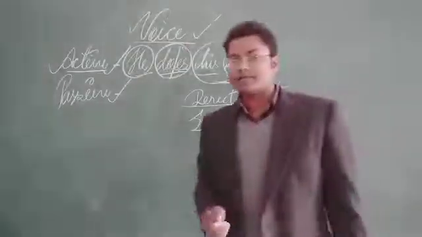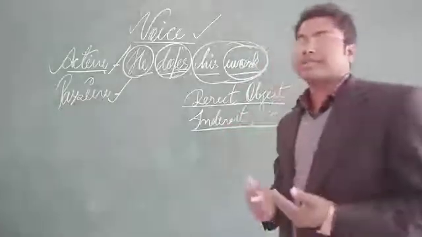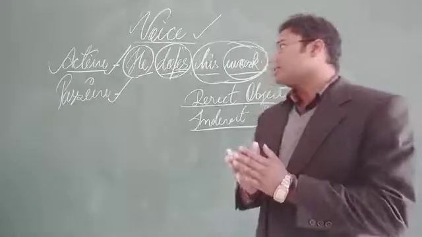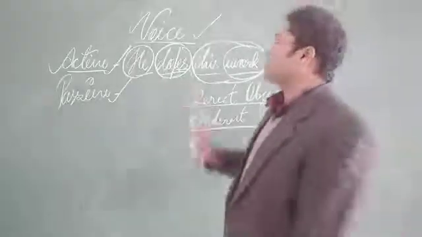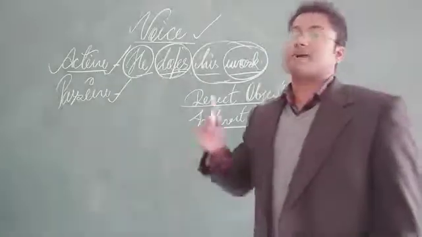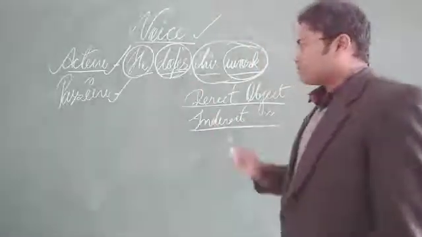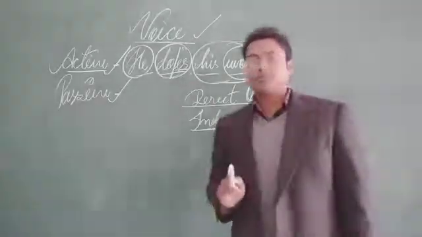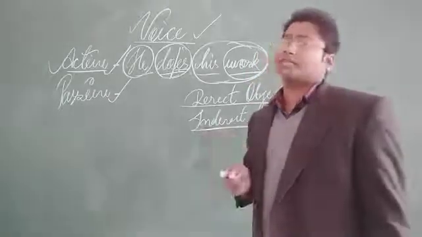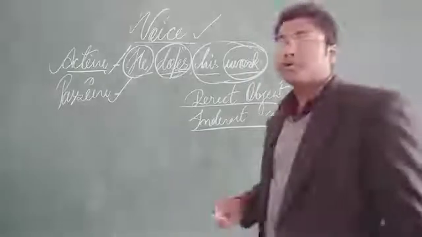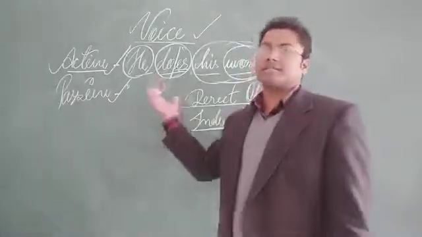Second condition: when do we change into passive voice? If we are going to change a sentence into passive voice, it is compulsory that the main verb must be a transitive verb. The main verb of the sentence must be transitive, or else we cannot change it to passive voice. But how do we know whether the verb is transitive or intransitive?